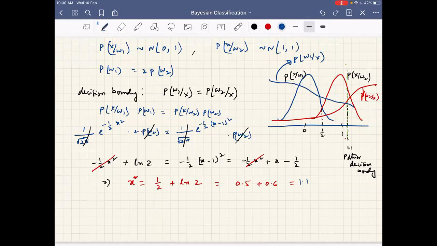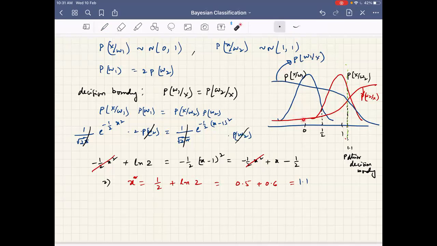Sir, I didn't get, sir. How did you plot this diagram? Okay, fine, good. I have plotted like this, and this is P of omega 1 given x, and this is P of omega 2 given x.